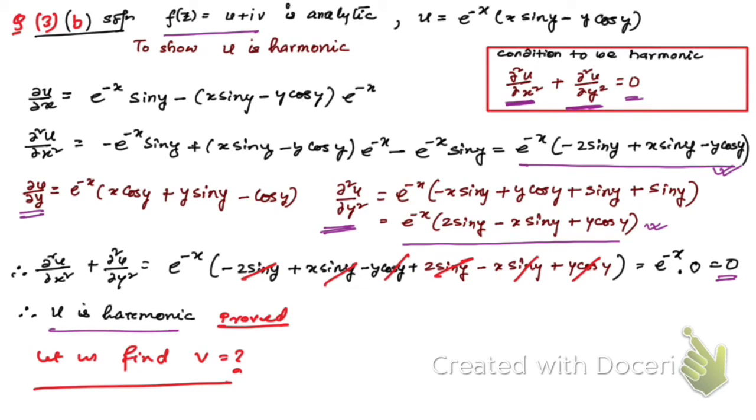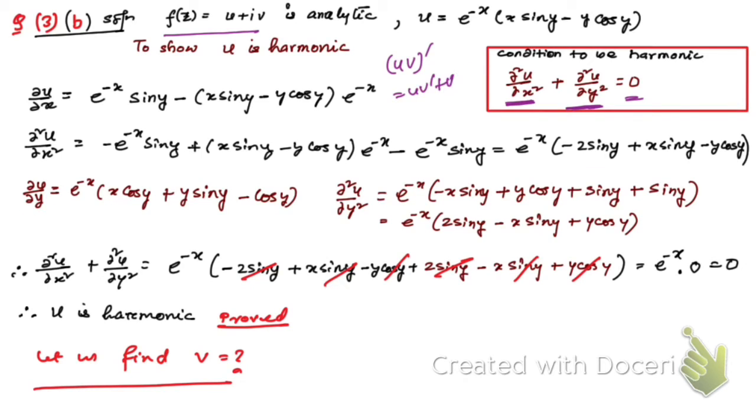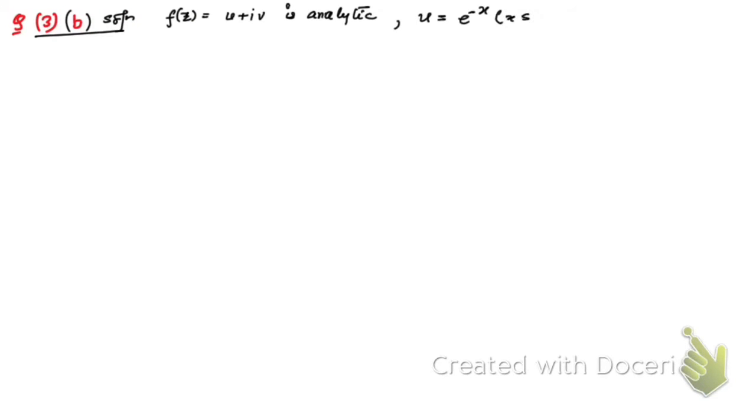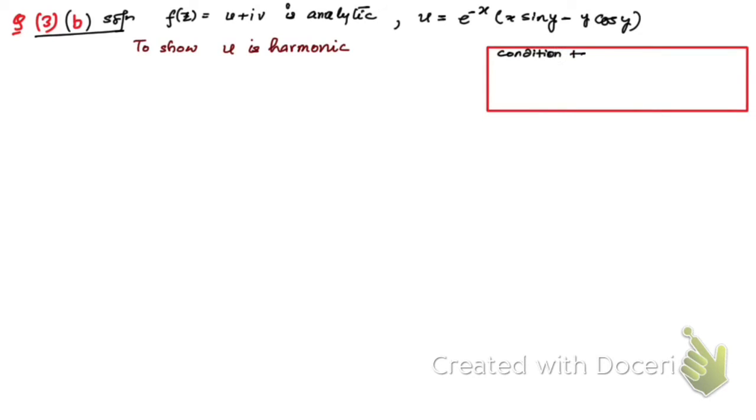Okay, so let me play this slide once. Just wait, give me a second, let me clean it first. Okay, so here let me play this slide. Hope you're going to take the screenshot. So these are the conditions to be harmonic.